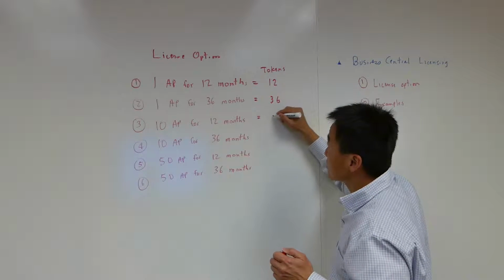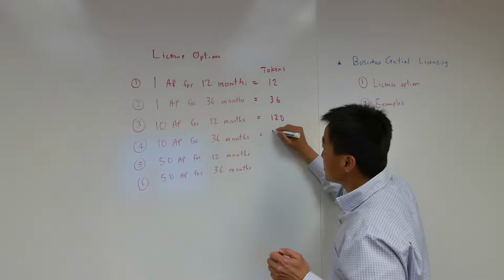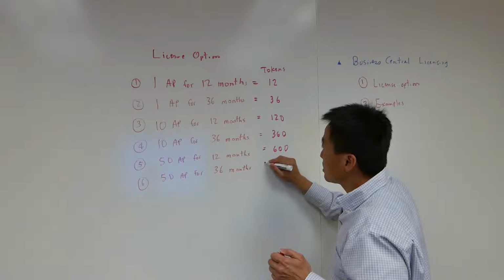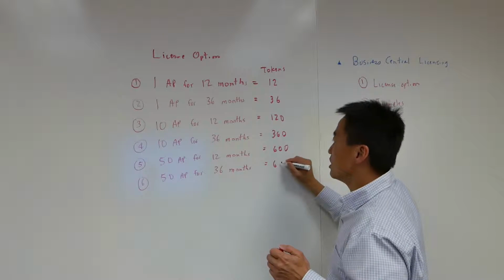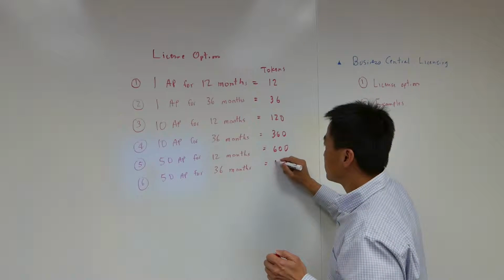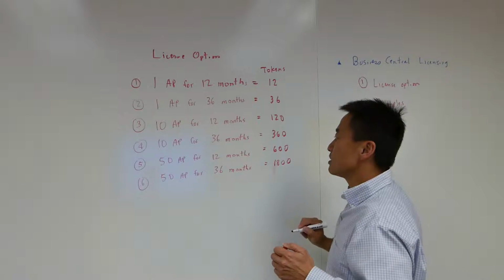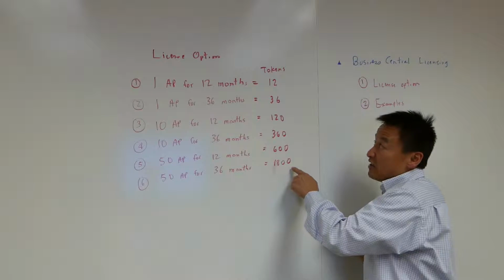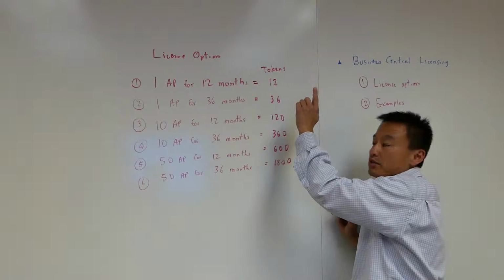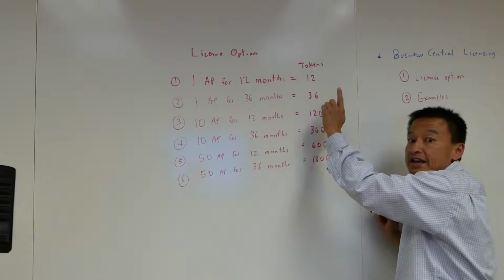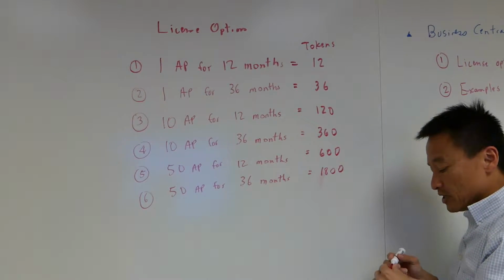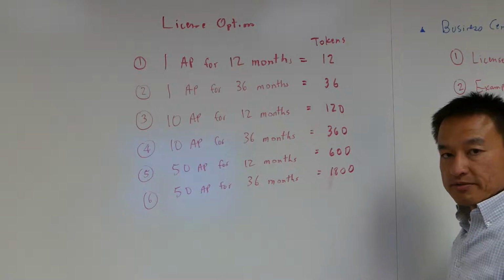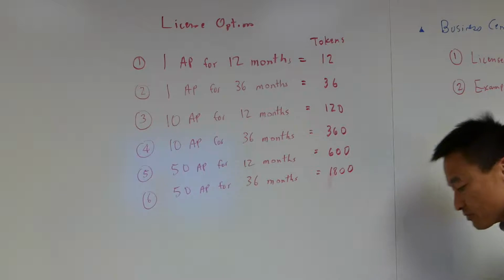If I do my math correctly, that should be 1800. You can imagine if you have 12 APs, you manage 1 month. If you have 36 APs, you can manage 1 month, and correspondingly. But the best way to do it is through some examples.